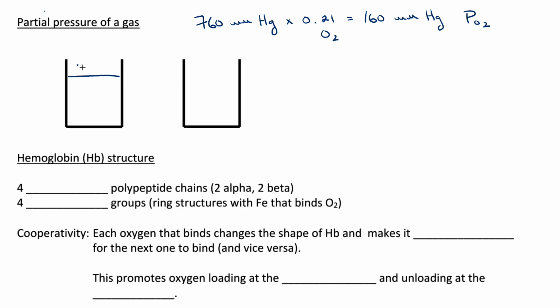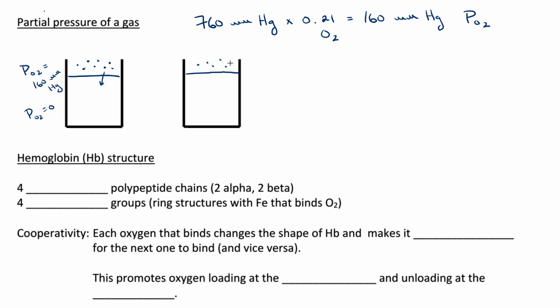If we have air here that has a partial pressure of oxygen of 160 millimeters of mercury, and then we have some water underneath which has no oxygen in it at all, so partial pressure of 0. If we let this come to equilibrium, over time some of that oxygen will diffuse into the water, diffusing from an area of high partial pressure to an area of low partial pressure.